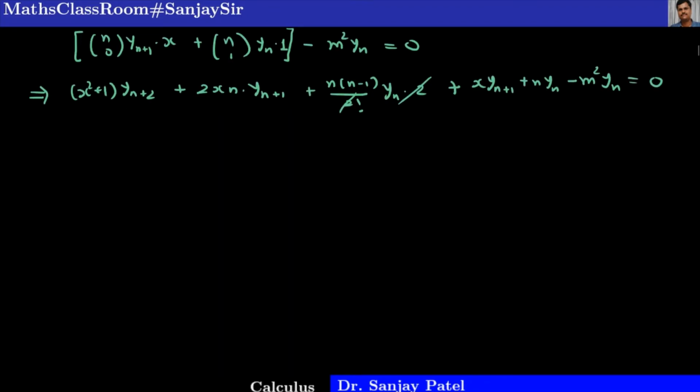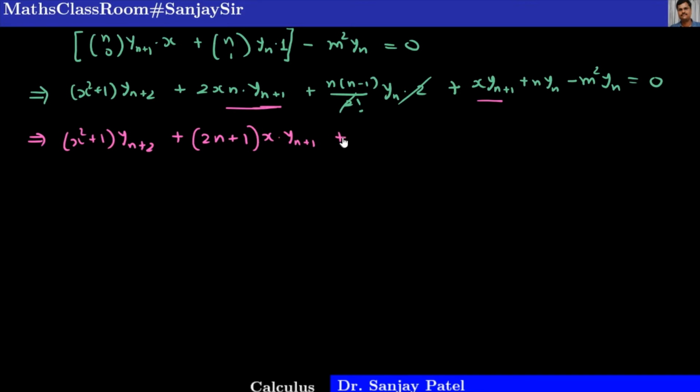Now let us simplify this step. If you simplify this by collecting similar terms, first term is single, so that we will keep as it is, x square plus 1 times yn plus 2, plus you observe that there are two terms containing yn plus 1. One is this and the other is this one, and from both the terms we have yn plus 1 and x common, so what remains is 2n plus 1 into x into yn plus 1.